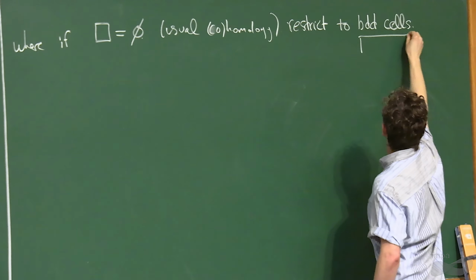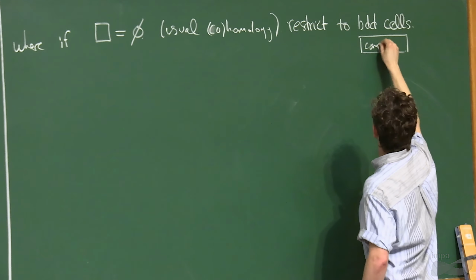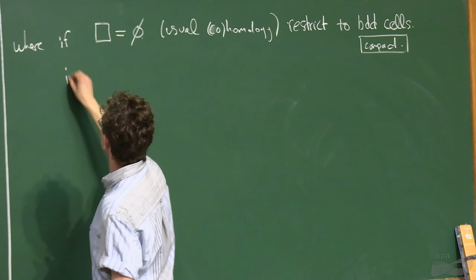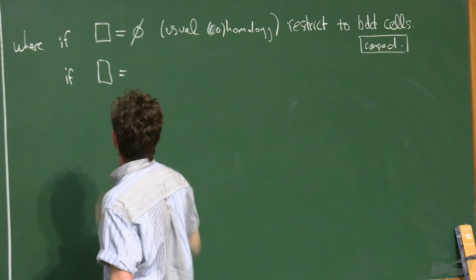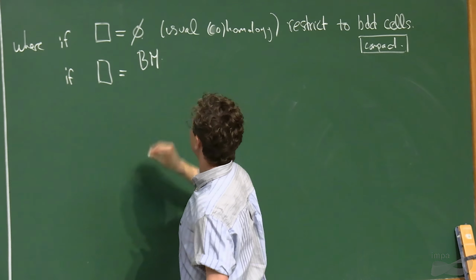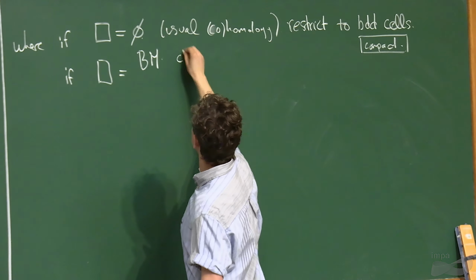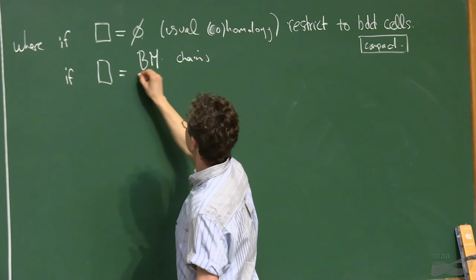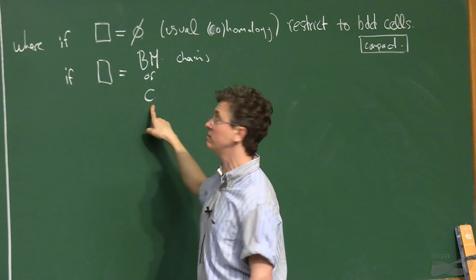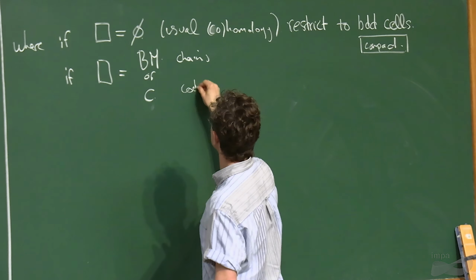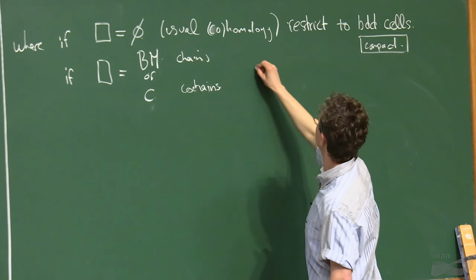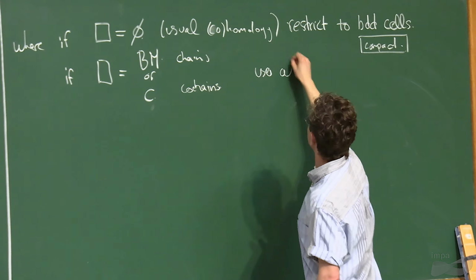So we would put in here compact. And if we put in this box the uppercase BM for chains, or c as in compactly supported for cochains, then we use all cells.